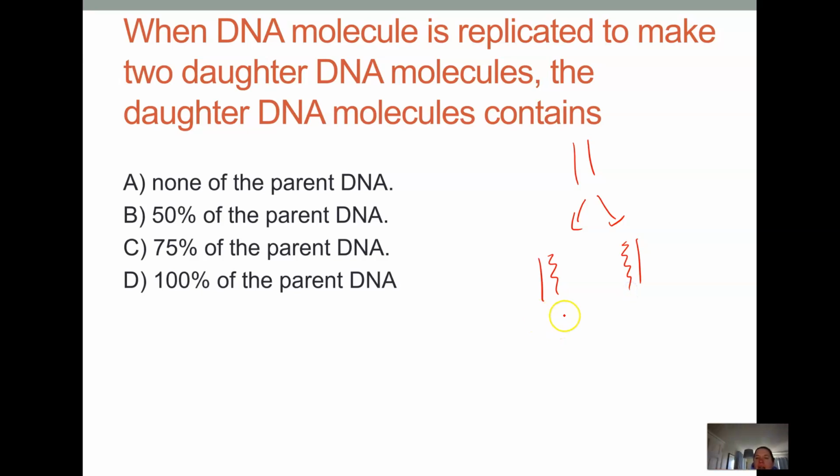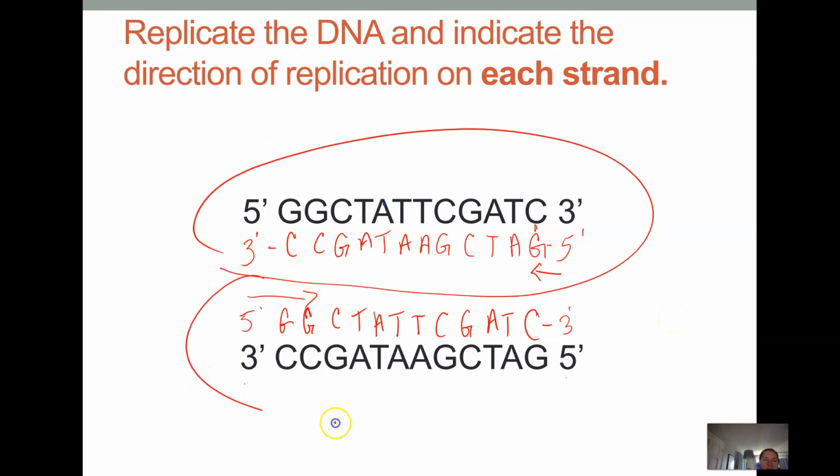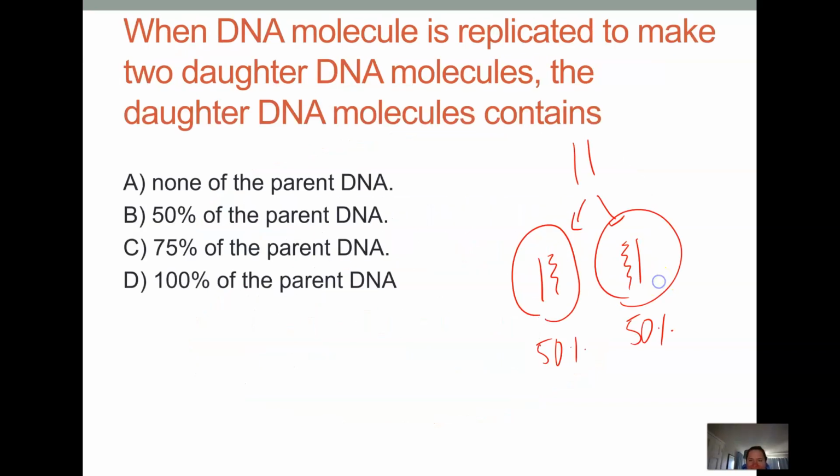So half of each daughter molecule is going to contain the parent DNA, and half of it is going to contain new DNA that was added, right? If we look at each new molecule of DNA that we made, half of it is our old DNA, and half of it is the new nucleotides that we put on there. We, of course, being DNA polymerase.